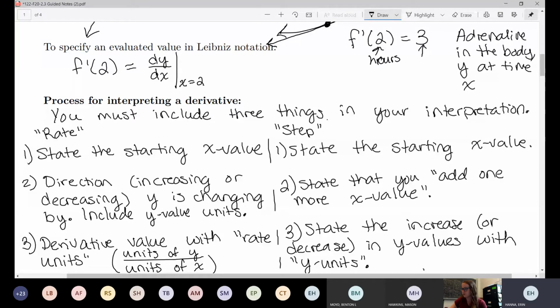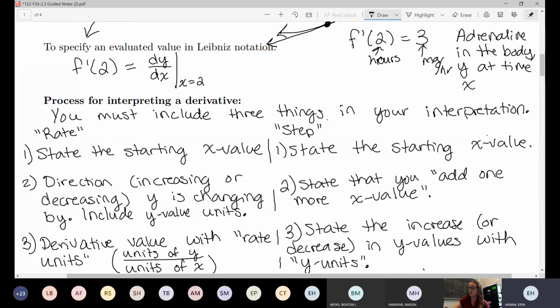Again, I don't remember how adrenaline is measured. Let's say milligrams. This would be in milligrams per hour. So say I wanted to interpret this idea of it's telling me that at 2 hours, the adrenaline in the body is changing by 3 milligrams per hour.